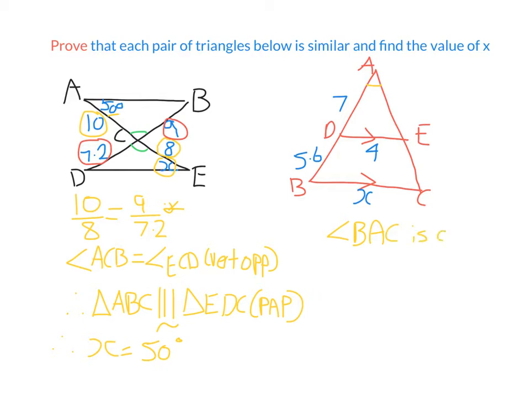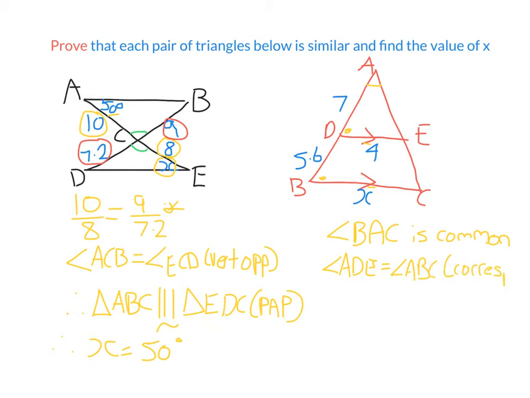It's in both triangles. Now, because of the parallel lines here, I should straight away be thinking alternate or corresponding angles. I know this angle and this angle are equal because they are corresponding. Remember, we did a tutorial about that a few lessons ago. So I write that formally. Angle ADE, which is this one here, is equal to that one there, which is angle ABC. And the reason is they're corresponding.